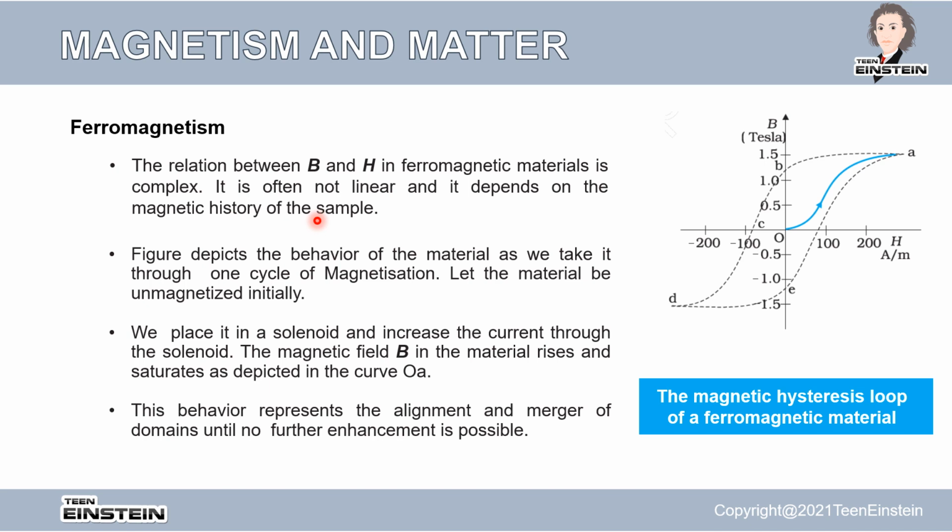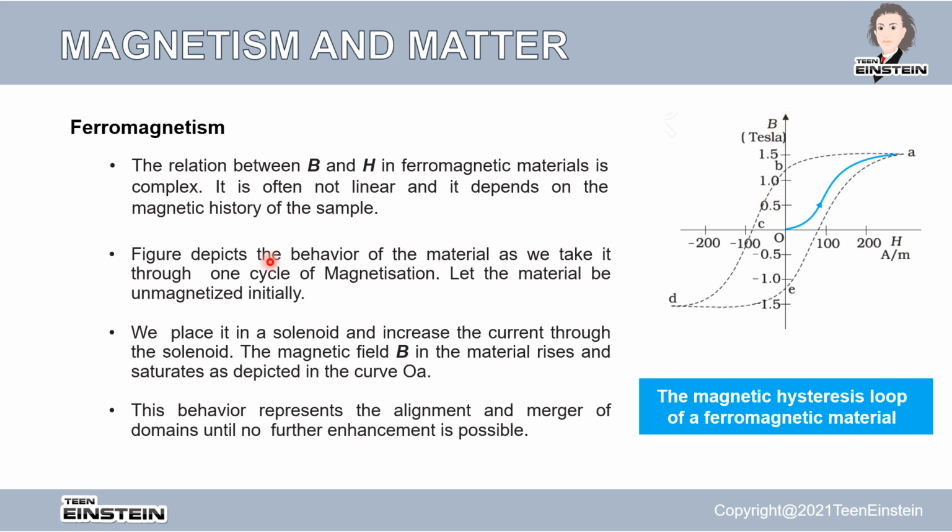When we say magnetic history, what we mean is whether the material is previously magnetized or not, whether the material is already exposed to a magnetic field or not. It also affects the behavior of this curve. The curve means the B versus H curve. In the x-axis we have H and in the y-axis we have B, the total magnetic field.